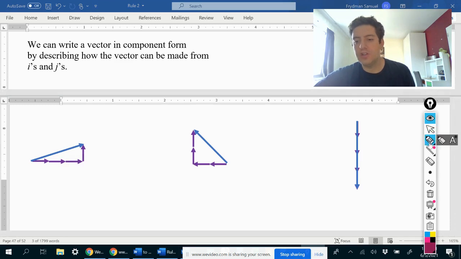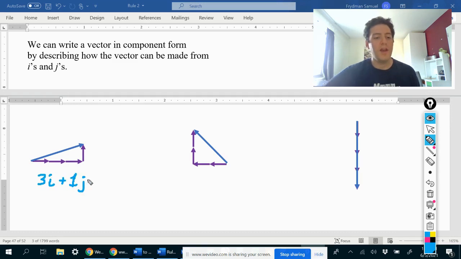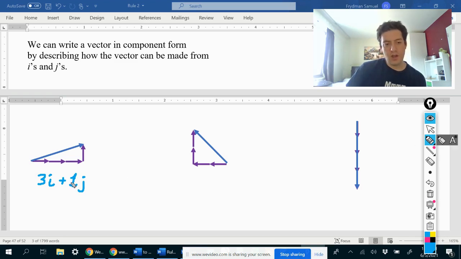So I could say that that is 3i plus 1j. And in fact, if the coefficient is just 1, you don't even have to write it. So we could just write that as 3i plus j.